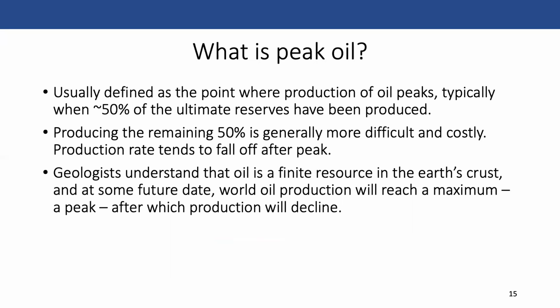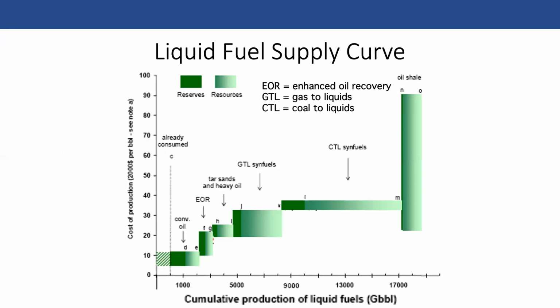Okay, and so I'll just go back one slide really quick to talk about why this is, right? The cost of production also has to do with the ease of production. It's essentially why it's so cheap: it's easier to do, it's less refining, and the equipment that you need to extract it is less expensive.